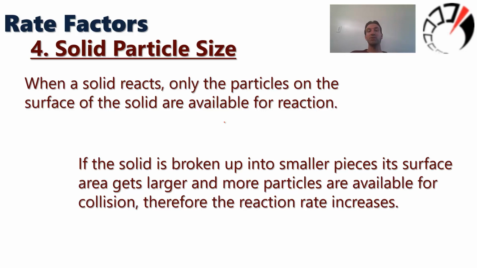And if more surface is exposed on this solid, then more collisions can exist. And again, collisions are the key here. The rate of reaction goes up with more collisions. So in this case, if I decrease the particle size, I will increase the rate of the chemical reaction.